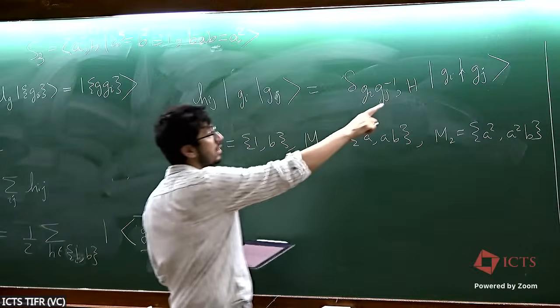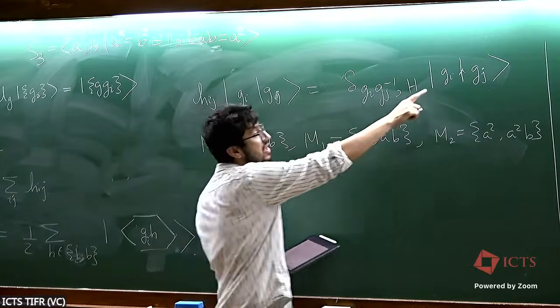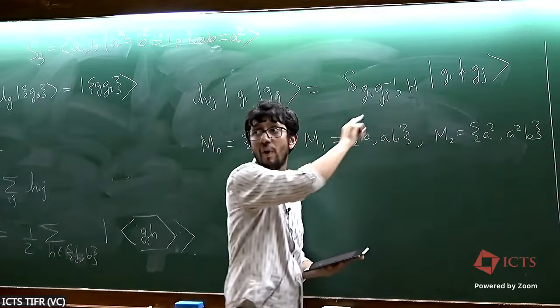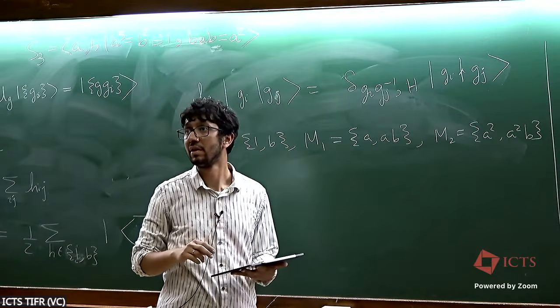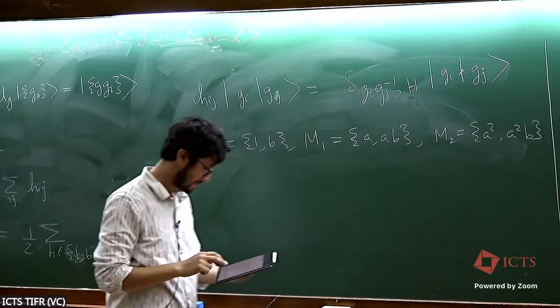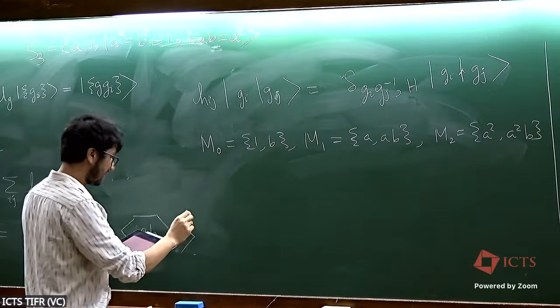This H just imposes that G_I G_J inverse is either 1 or B. So there are three ground states.